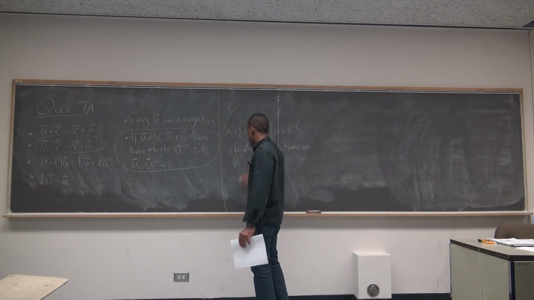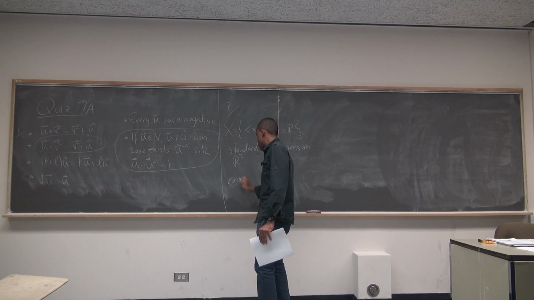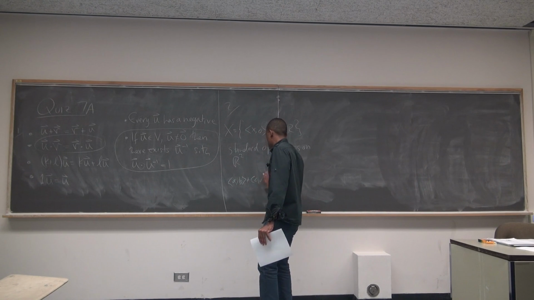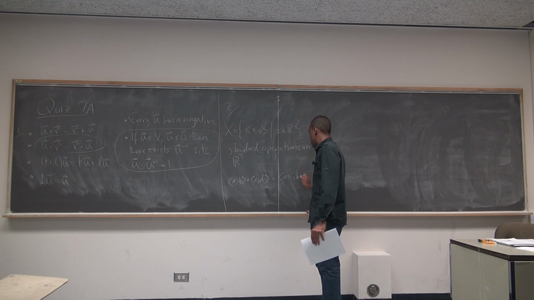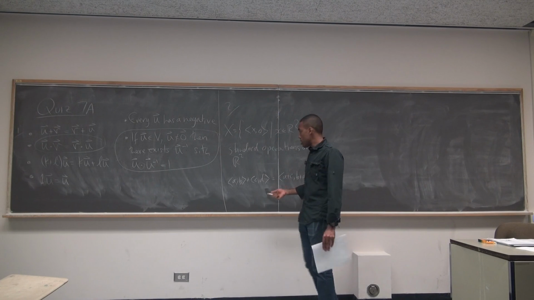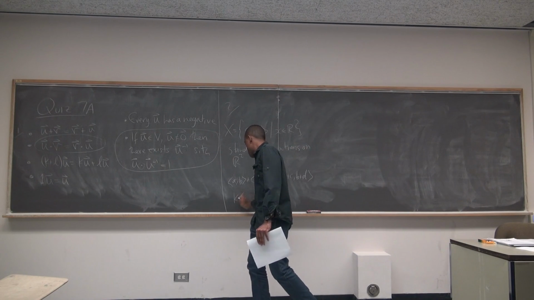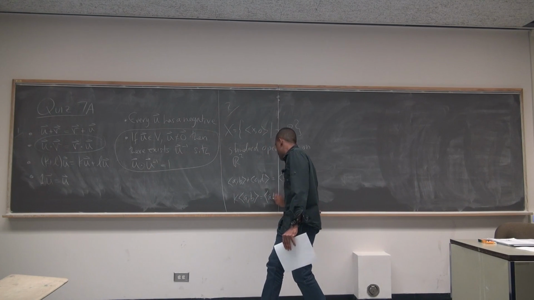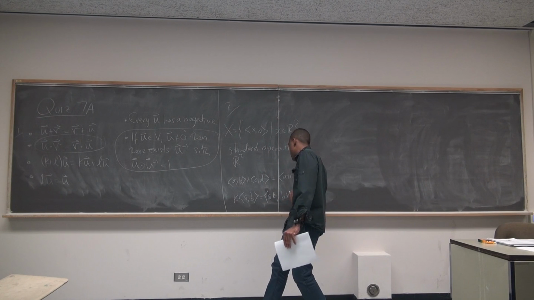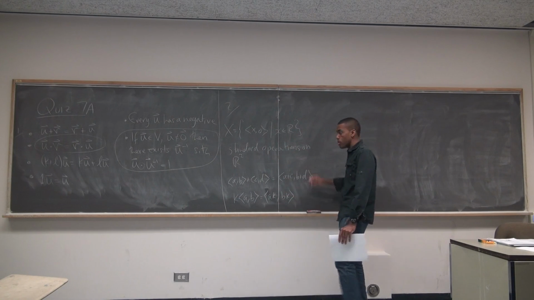The standard operations just mean that if I add two vectors, I just add the components. And for scalar multiplication, I take the scalar multiple of each component.